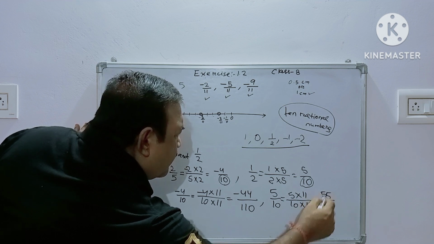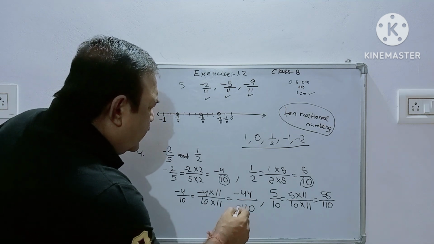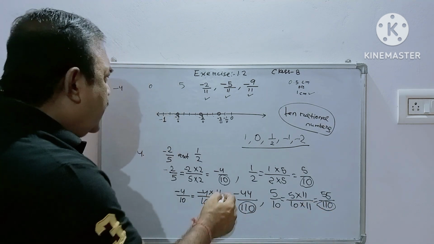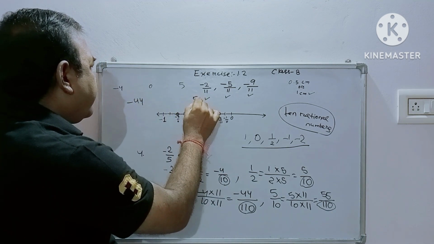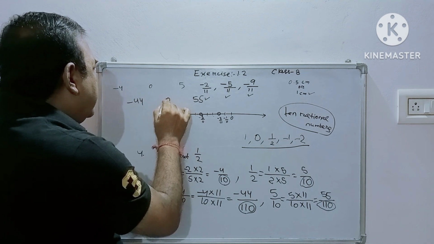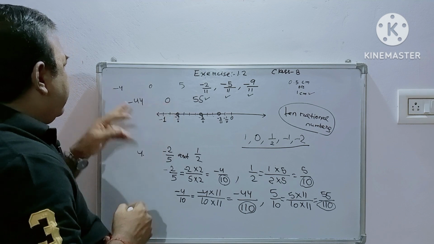That is 55 upon 110. You see, both the denominators are same. Then we will have to move from -44 to 55. So in an increasing order, we will have to move. So we can find so many numbers.